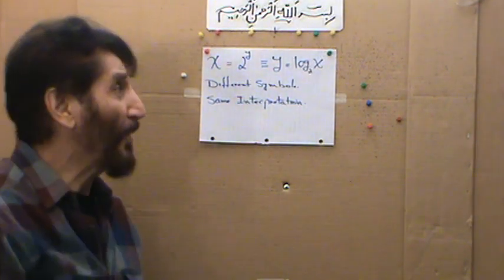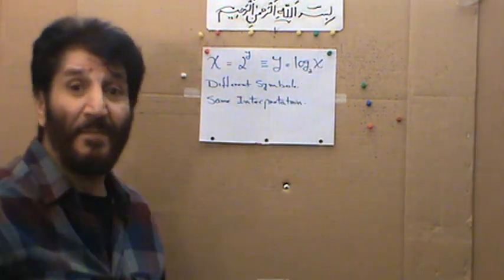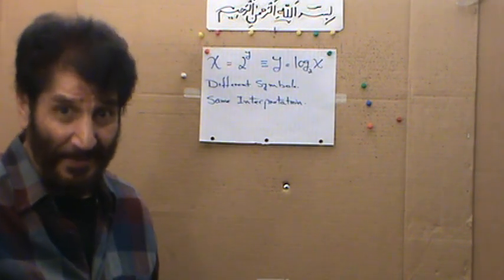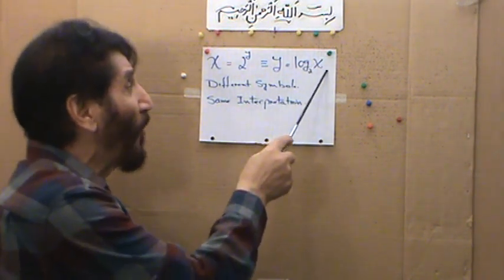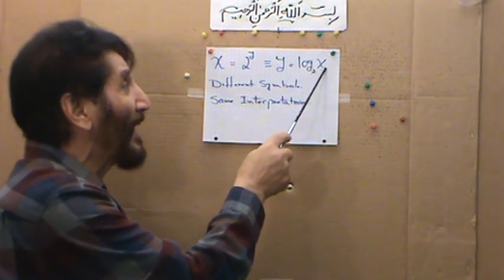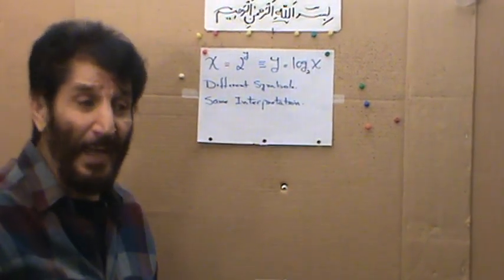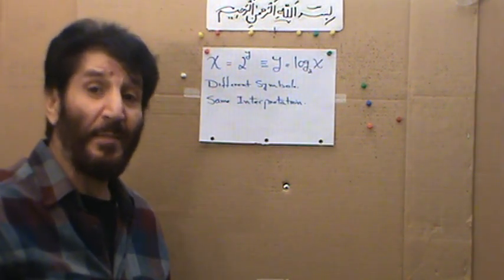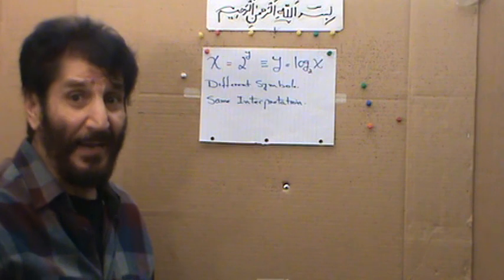The domain is all permissible values that the independent variable can possess. So in this case, the domain is all those values that x is permitted to be, the set of all permissible values that the independent variable can have.